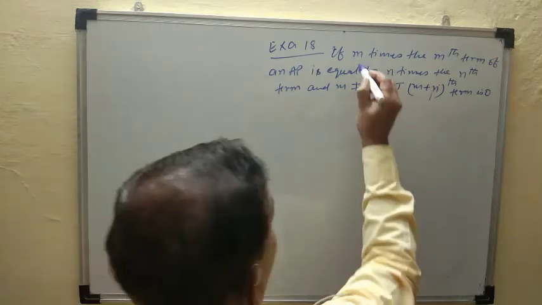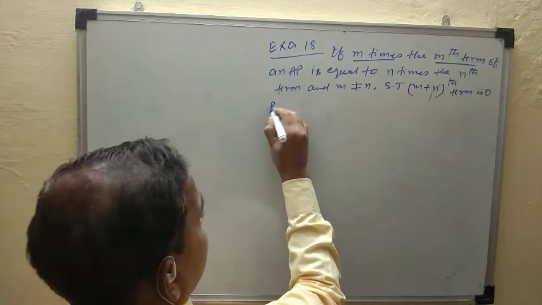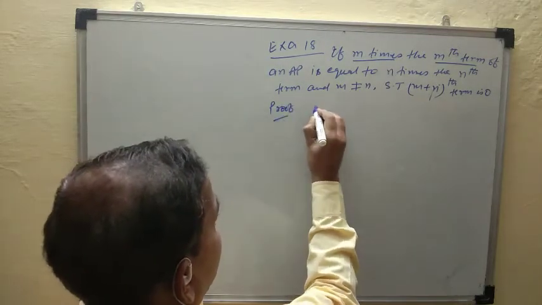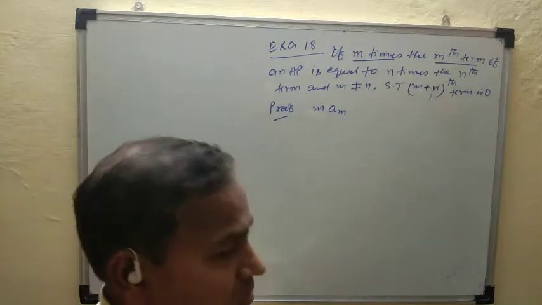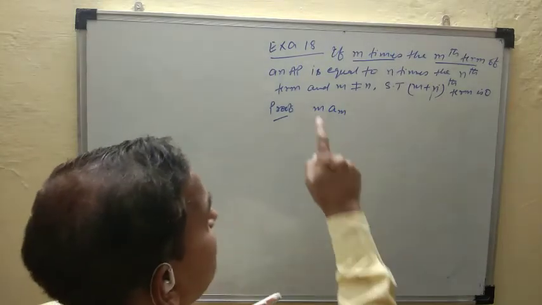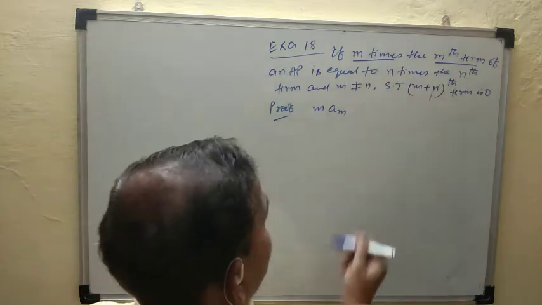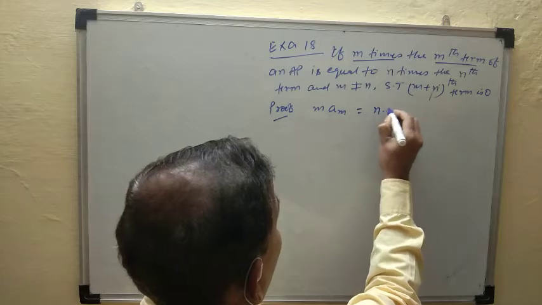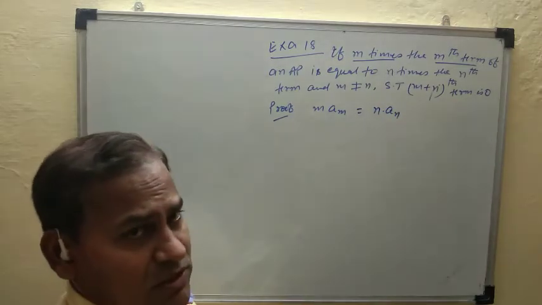So, given m times the mth term is equal to n times the nth term, that is m into a_m is equal to n into a_n, it is given.